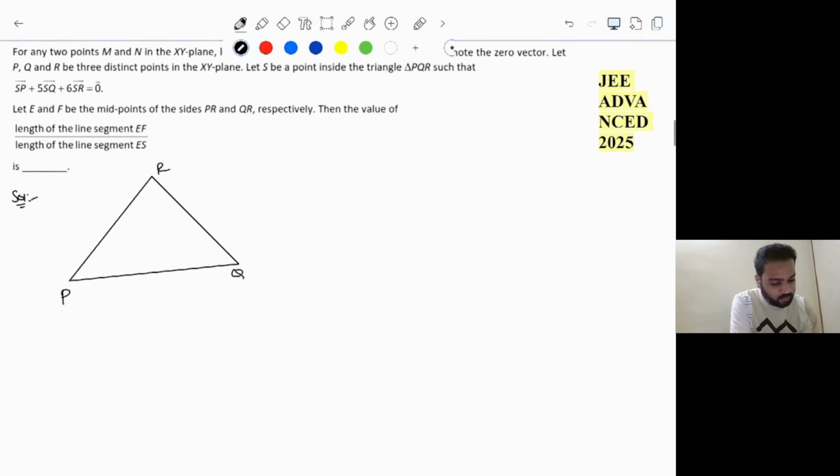Now here one more condition they have given is SP bar plus 5 into SQ bar plus 6 into SR bar is equal to 0 bar. So this is a given condition. And moreover, what is a point S here? It is a point inside the triangle. So let's pick the point S randomly inside the triangle. So I'll assume it to be somewhere here, point S. Okay. And then let's continue the question.